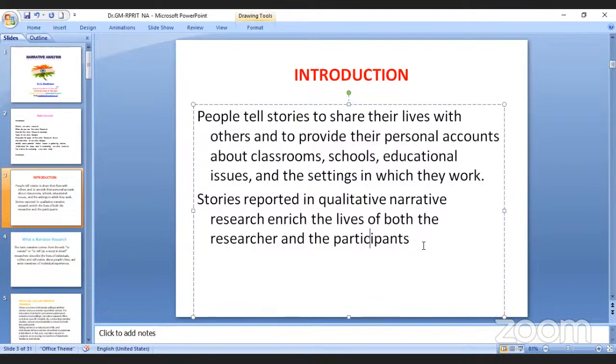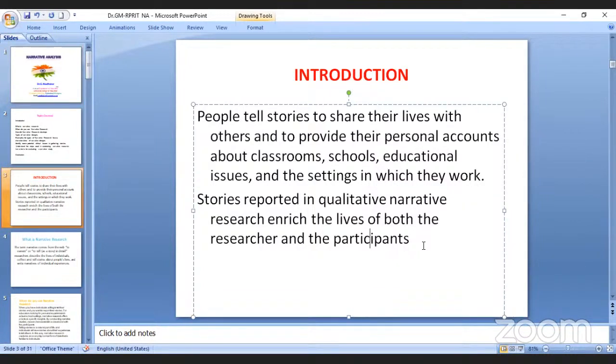So people tell stories and share life stories with others. Man is a social animal. Without society, one cannot live. So every day, from morning to evening, we mingle with others, whether at home, while traveling to the office, or at your workplace, wherever you are.